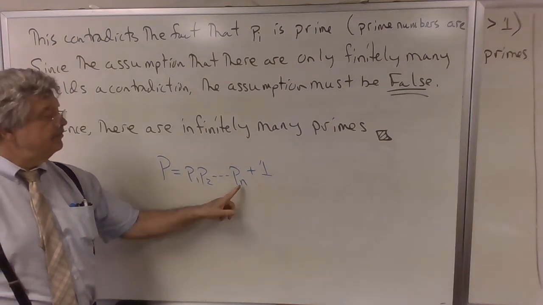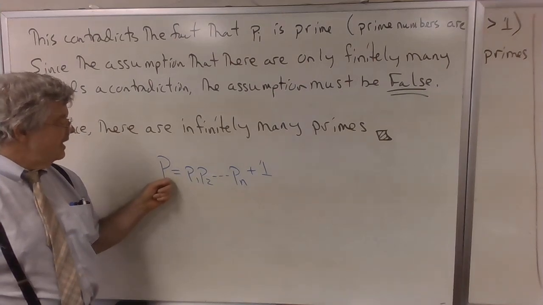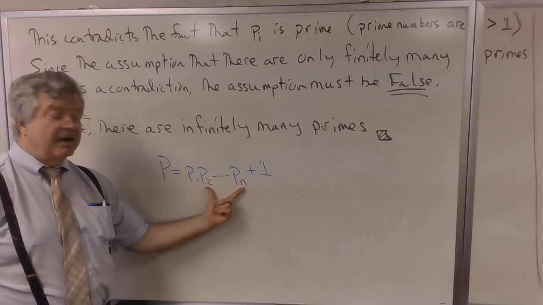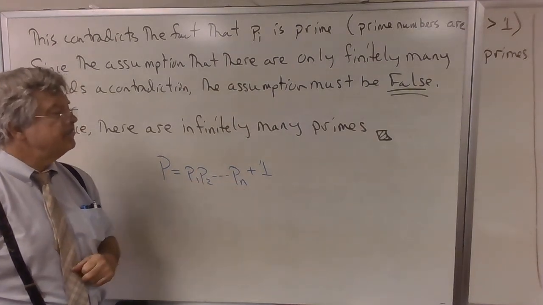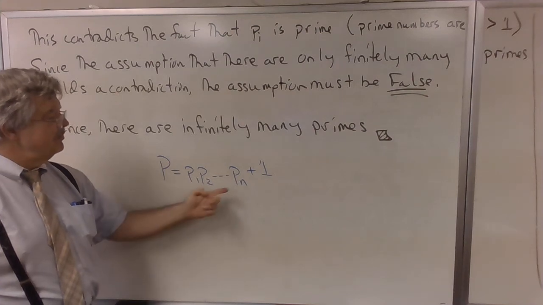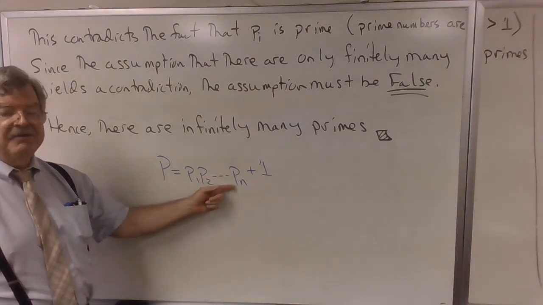See, this product is certainly larger than p sub n. So this cannot be a prime number. It's larger than the largest prime p sub n. And the stroke of genius was just coming up with this number to use to do a proof by contradiction.